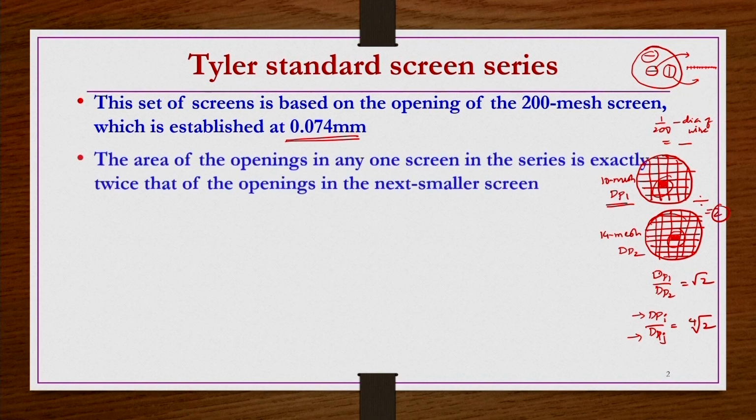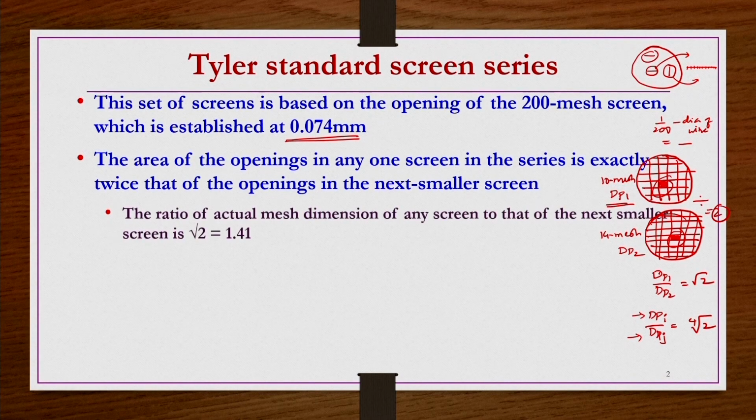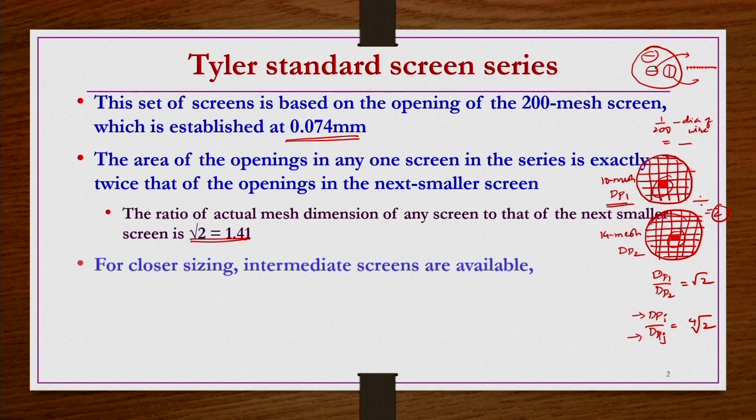The area of the openings in any one screen in the series is exactly twice that of the openings in the next smaller screen, that is, the area ratio is 2, or otherwise the ratio of actual mesh dimension of any screen to that of the next smallest screen would be square root of 2 or 1.41. Okay. For closer sizing, intermediate screens are also available, right.